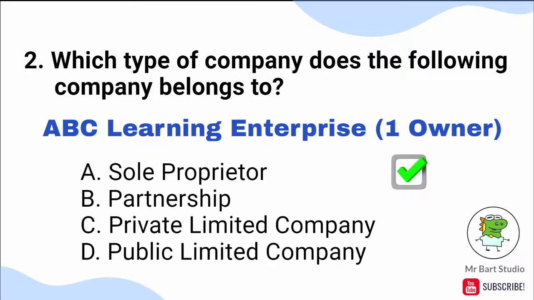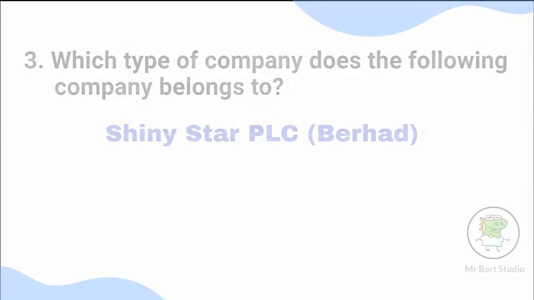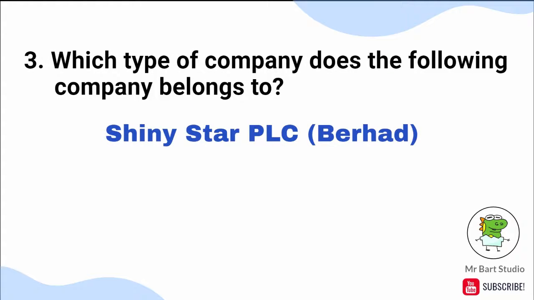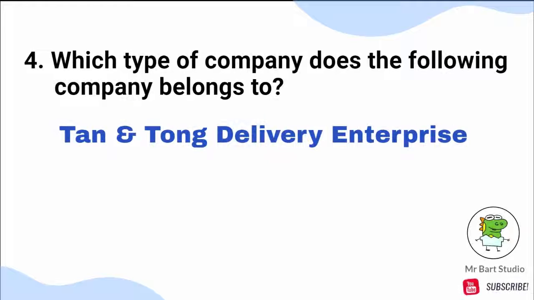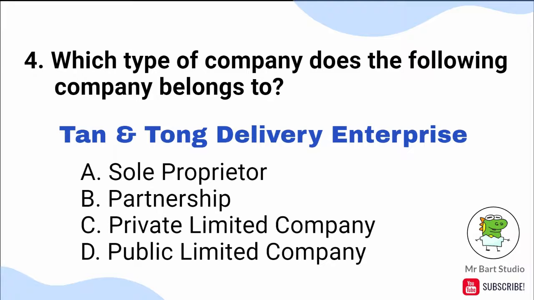Did you get the correct answer? Which type of company does the following company belongs to? The answer is D. Public limited company. Did you get the correct answer? Which type of company does the following company belongs to? The answer is B. Partnership. Did you get the correct answer?